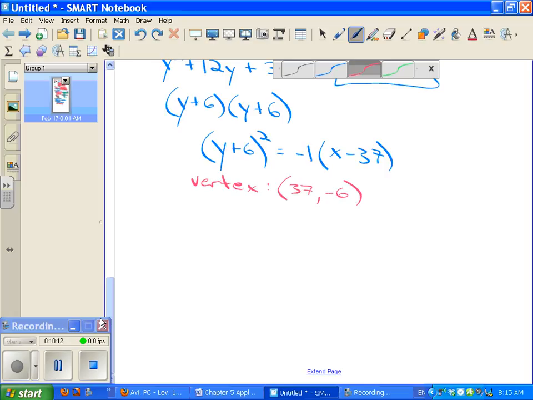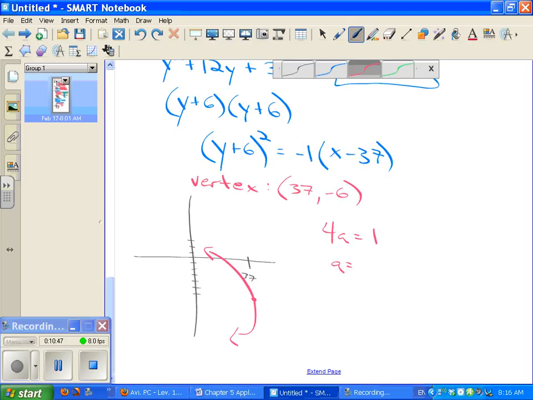You're right. All right, so then if I start sketching that, well, that's not fun. So I have to go, let's see, +37. And then I got to go 1, 2, 3, 4, 5, 6, down this way. Is this one opening up? Well, we said that it was left and right, but is it left or is it right? It's left because it's negative. And what is the focus going to be? Because it's supposed to be a 4a, but it's a -1. So a is -1, the negative just gives me direction.